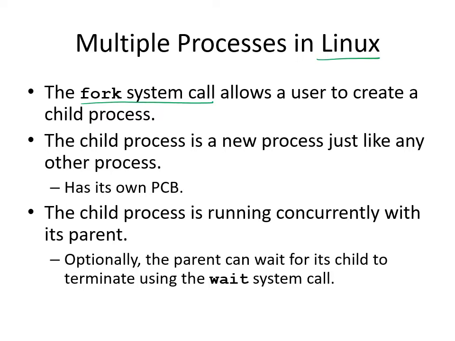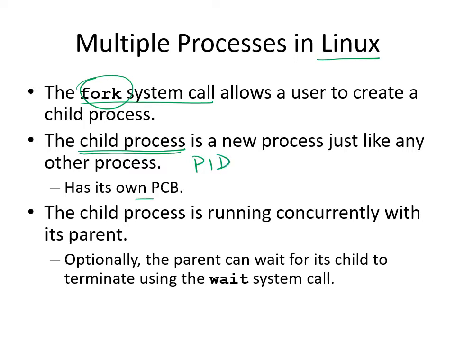Whenever an executing process wants to create a new child process, it will simply invoke this fork system call, which will then create a new child process for the executing process. Now this child process, once created, is a new process, just like any other process. So it will have its own unique process ID.